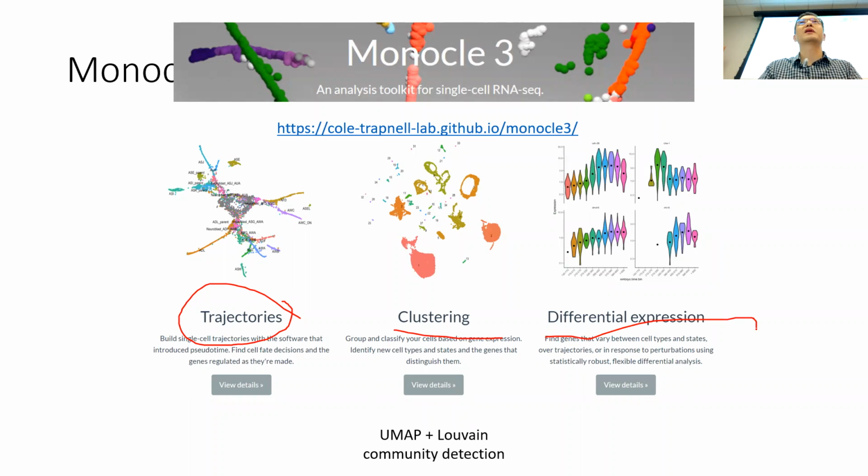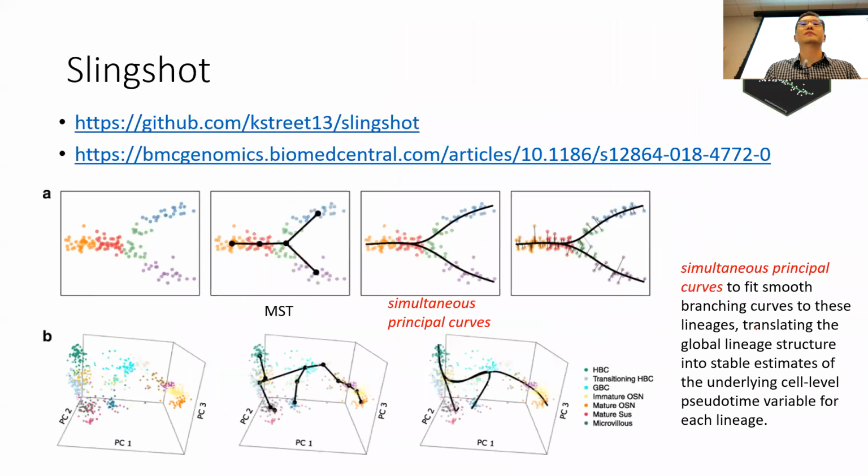If you start from a comprehensive package, you should have an independent name and use Monocle as one of the sub-functions, but instead you name your whole package Monocle 3 and do everything. And also people use it for trajectory analysis, I don't know, that's their option. Okay.